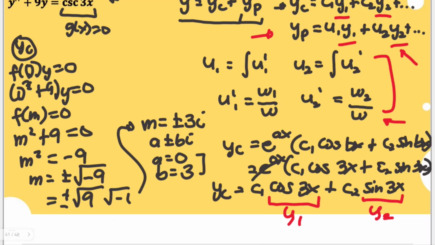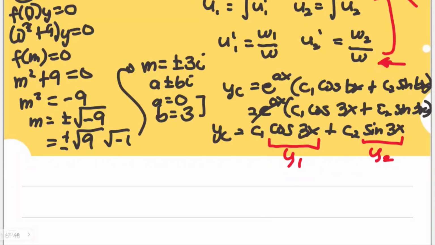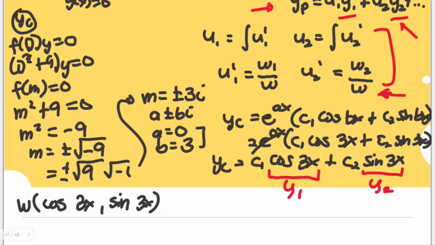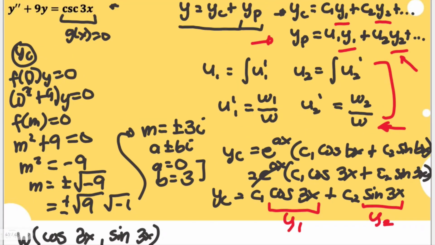At the same time, the concept of Wronskian will involve these two functions. So we're going to solve the Wronskian of cosine of 3x and sine of 3x because it will be for our W. The concept will also be involved in W sub 1 and W sub 2 to solve for the u prime to get the u's to be integrated here. Okay, so I am cautioning you that this discussion will be very long, but this would be worth a while.